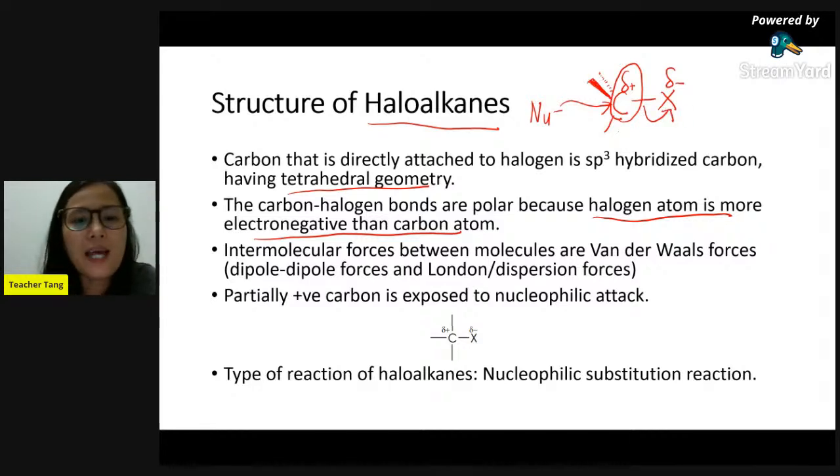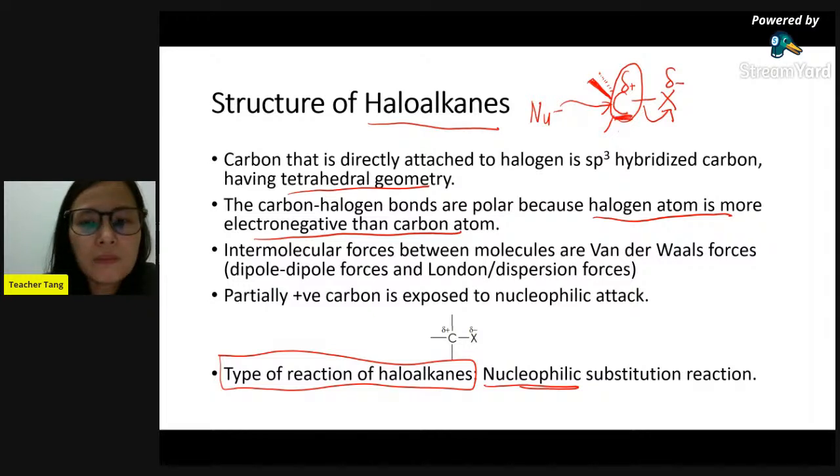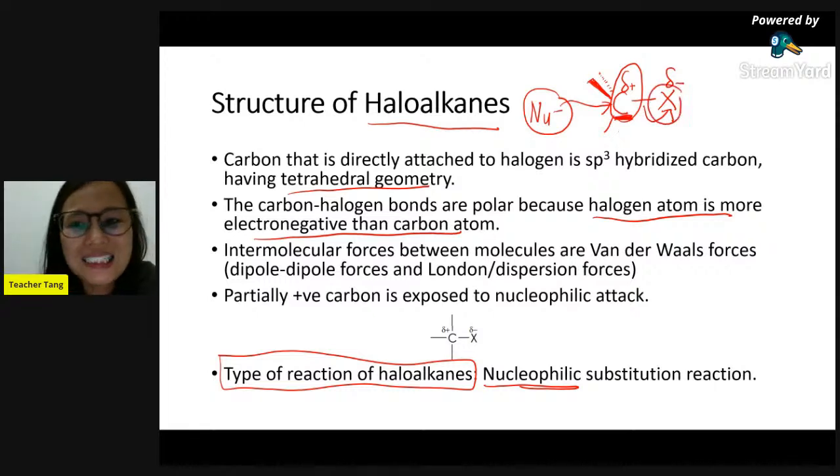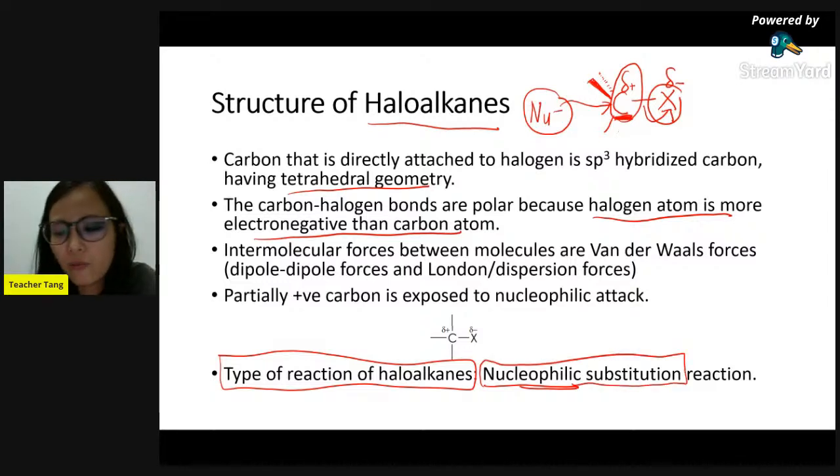So the type of reaction haloalkane can undergo is nucleophilic, and when the nucleophile attacks, the halogen is replaced. That's why it is a nucleophilic substitution reaction.